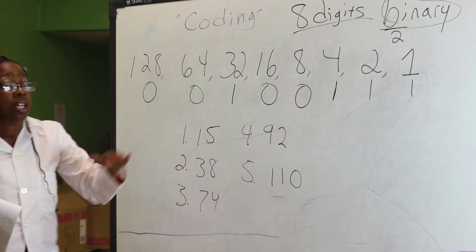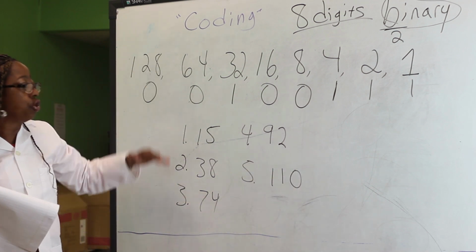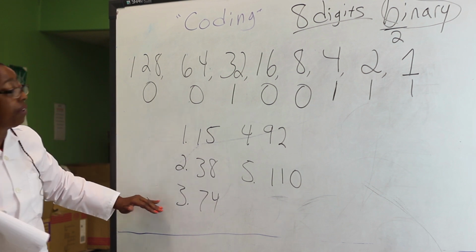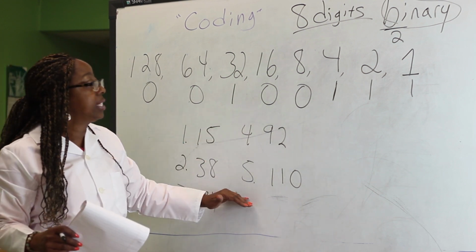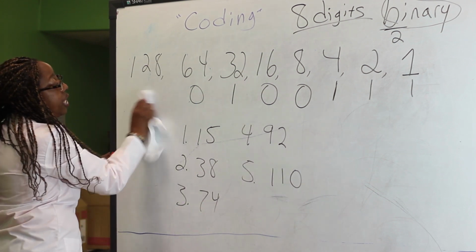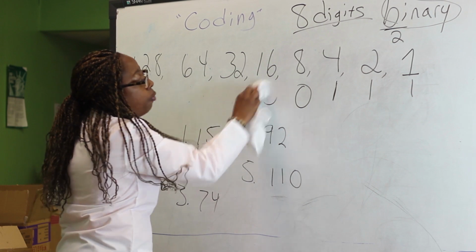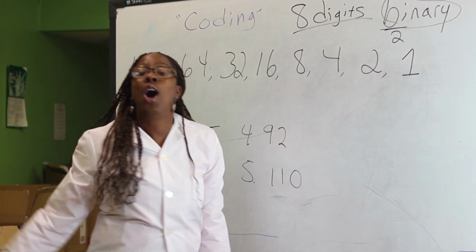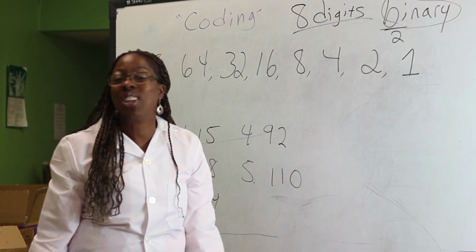Now, look at this good, guys. Write this down. You're going to code the numbers 15, 38, 74, 92, and 110. You're going to code that using your coding scale that I put up here. Hopefully you wrote that down.